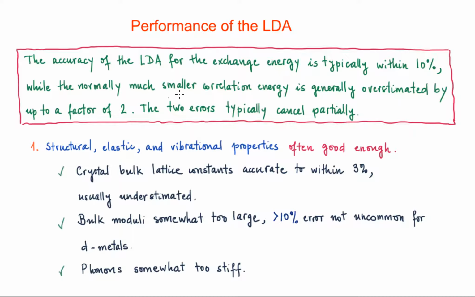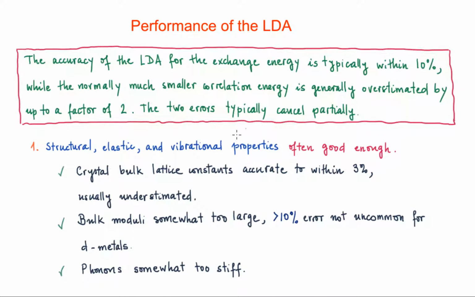While the normally much smaller correlation energy is generally overestimated by up to a factor of 2. So we usually have an error in the correlation energy of 100%, and it's higher. And this is the interesting thing here. The two errors typically cancel partially, and that's the partial reason for the success of the LDA.